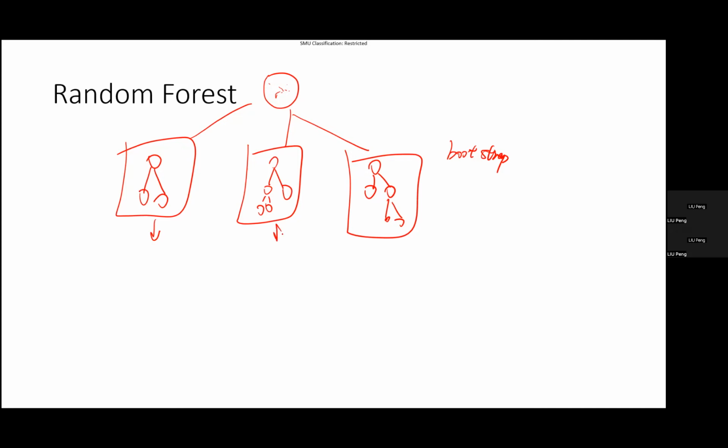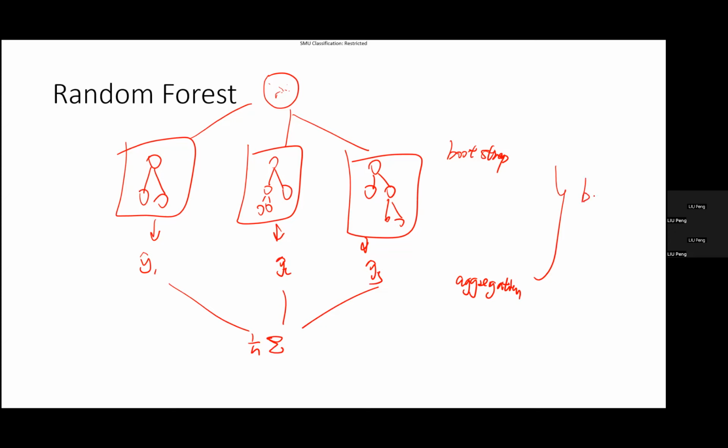Now we have different predictions here, right? So this is y hat 1, y hat 2, y hat 3. Then we would take the average. So sum, then average. So this is called aggregation. So we aggregate all the individual models, the submodels, together.